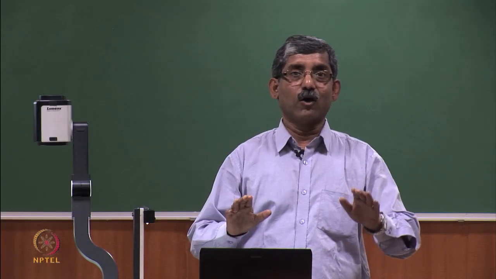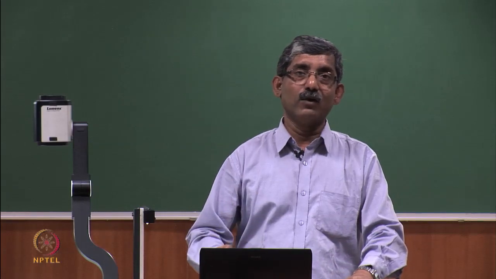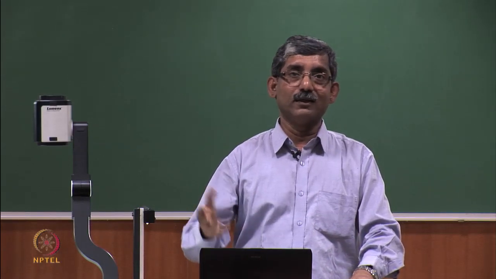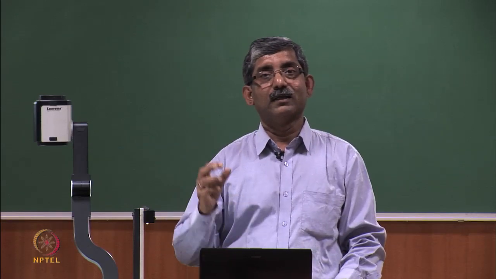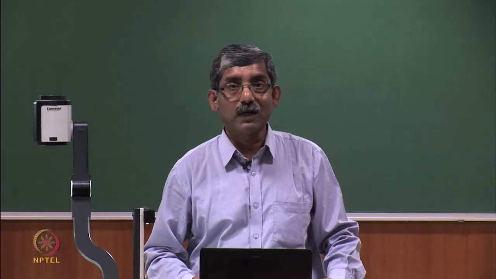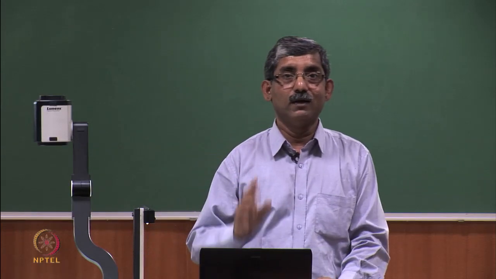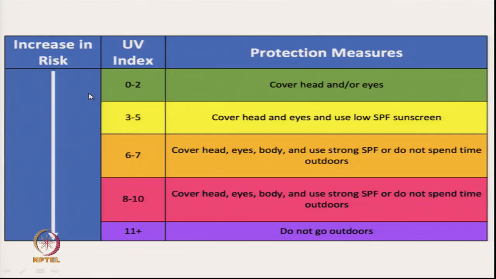So, at sea level, the ground level where we get the UV, if we go above, say in the hill area, the UV index will be much higher, and there we need more protection. So, there is increasing risk with the increase in UV value, and we can have different types of protection.